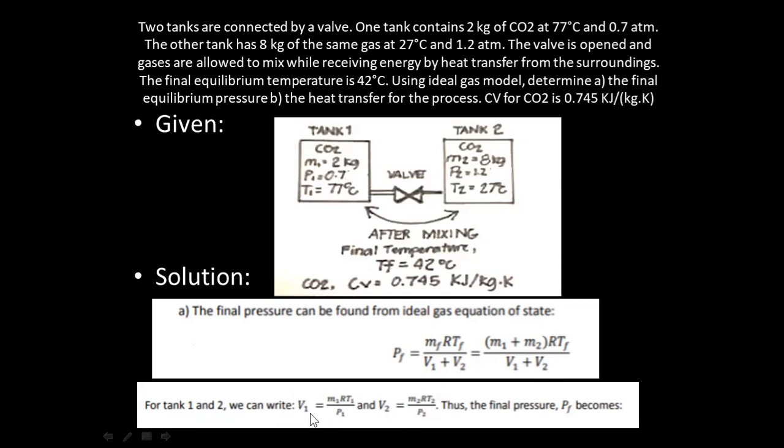For the first tank, V1 is equal to the mass of the gas in tank 1 times the gas constant times the temperature in the first tank, all over the pressure of the gas in the first tank. And V2 is equal to m2, the mass of carbon dioxide in the second tank, multiplied by the gas constant R times the temperature in the second tank, all over the pressure in the second tank.